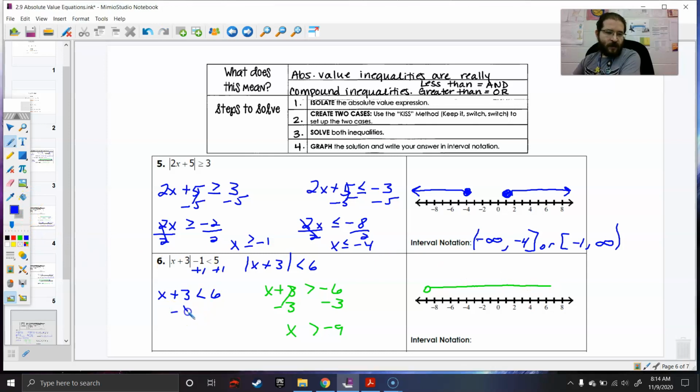And then we subtract 3, minus 3. X is going to be less than, what, positive 3. So we have over here, and it'd be this value that meets with both of them.